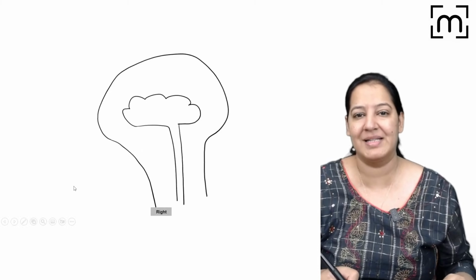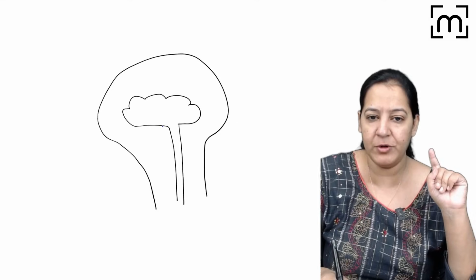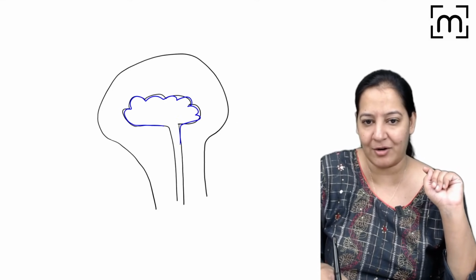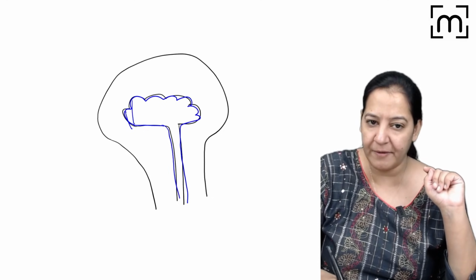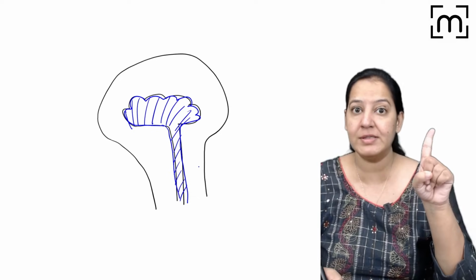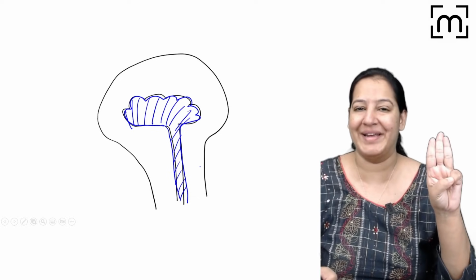Here is a rough sketch diagram you all can see. In this diagram you can see this is the brain and this is the spinal cord constituting the central nervous system. So three types of cells compose the parenchyma: neurons, the most important, the neuroglia cells, the supporting cells, and the microglial cells.